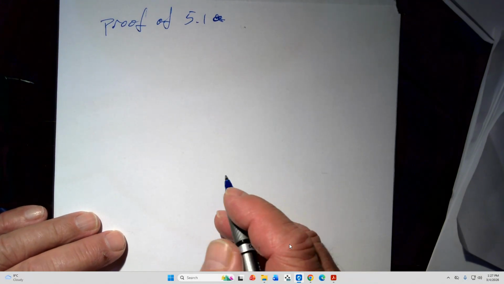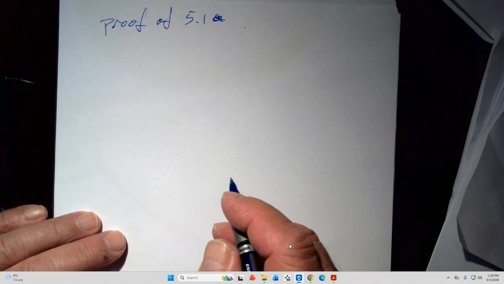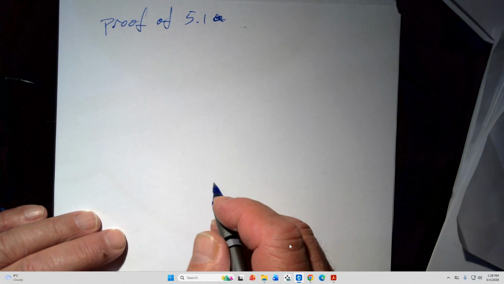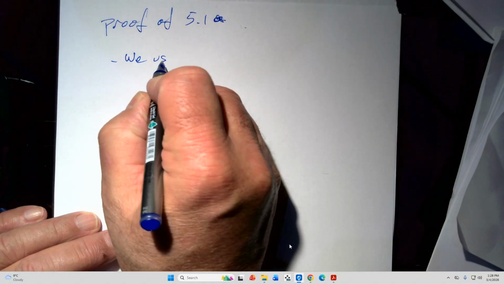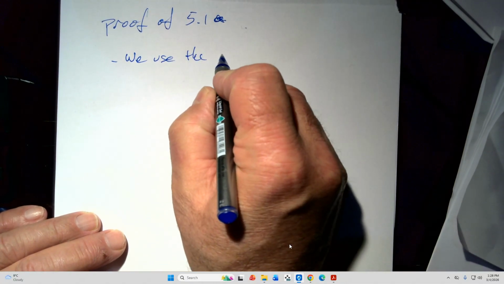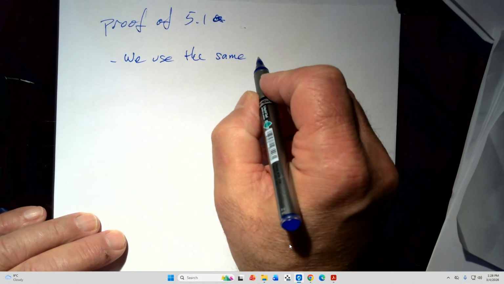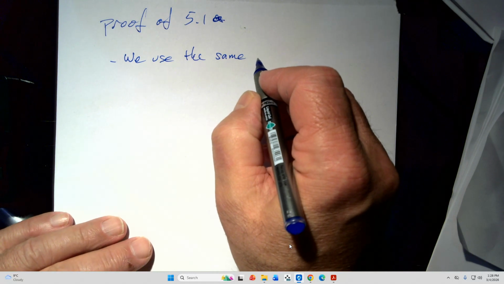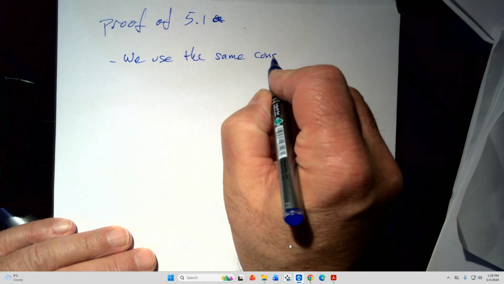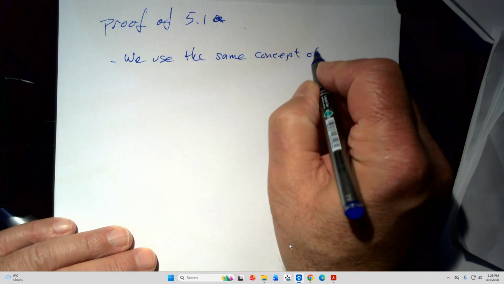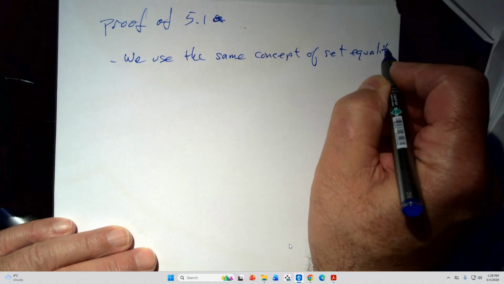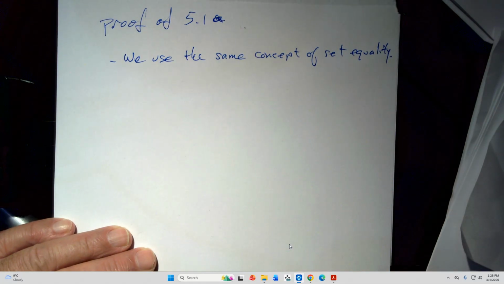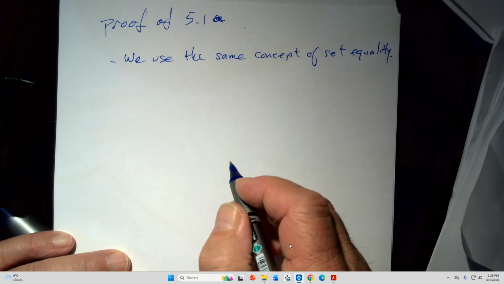We'll only prove this one; the rest of them, b, c, and d, are left to the reader. We use the same concept of set equality as in definition 3.